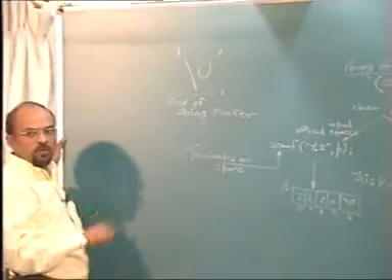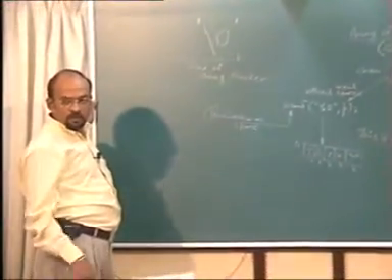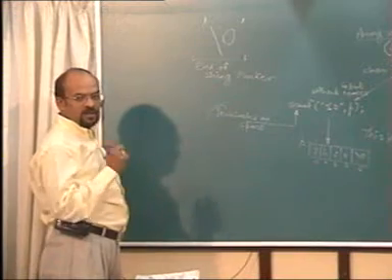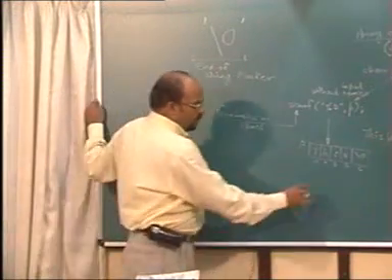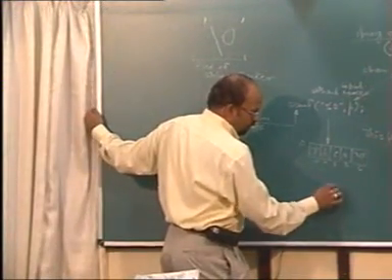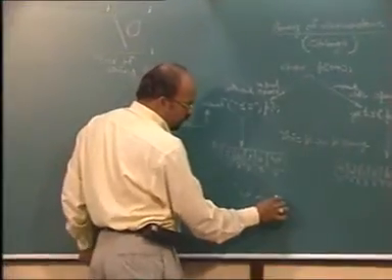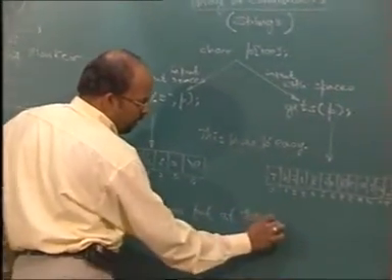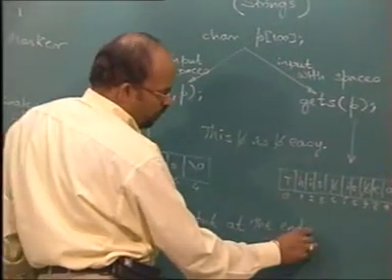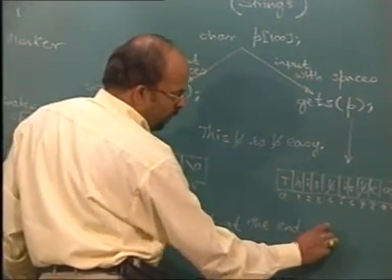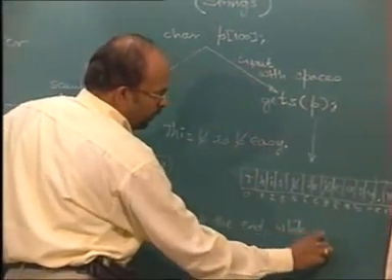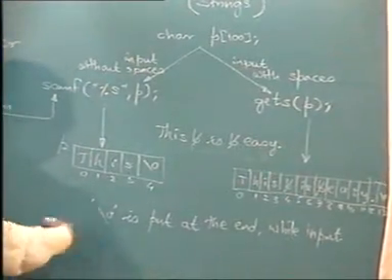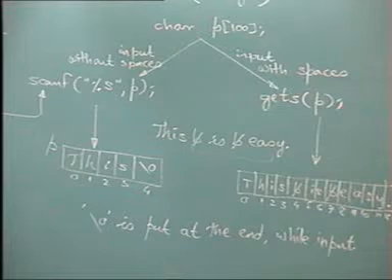Otherwise, you will have to copy it. This character will be automatically written at the end of the string when it is input. \0 is put at the end while inputting. You don't have to explicitly give it.